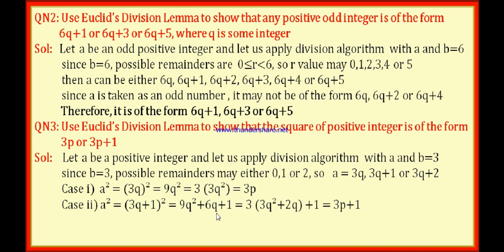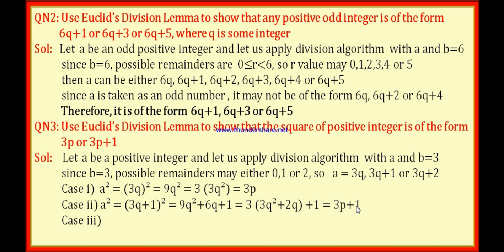Now from the first two terms you can take 3 common, that is 3 into 3Q square plus 2Q, and the 1 is separate. Now if we assume that 3Q square plus 2Q is P, then this is in the form of 3P plus 1.